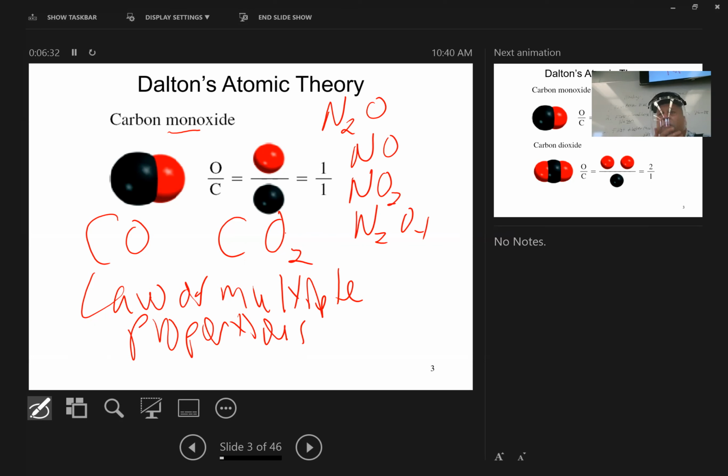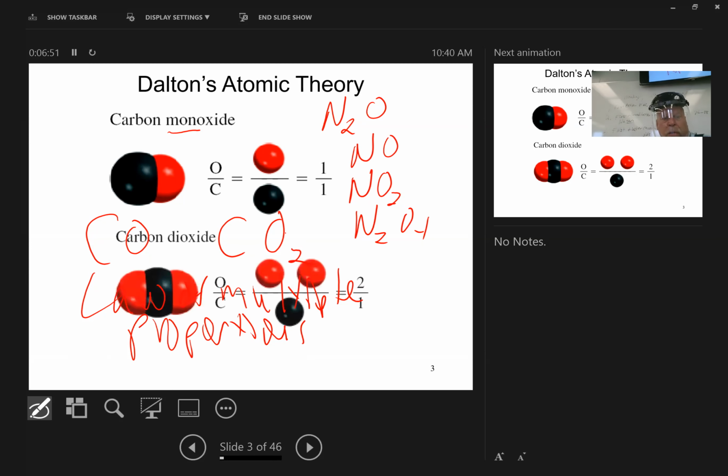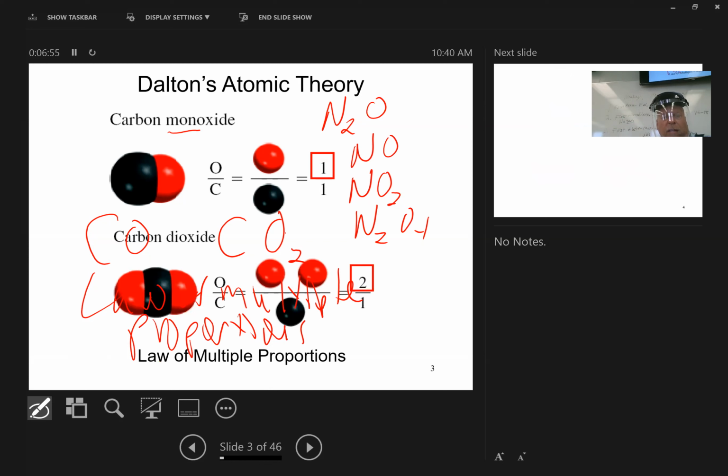Are they going to be named the same? No, they're going to have different names. And so later in this chapter, we'll learn how to name the different compounds based on you learning those elements that we did before, because they all start off with the element names first. Okay? And so carbon dioxide is 2 of them related to that. This is the law of multiple proportions. Okay? And that is in the book.